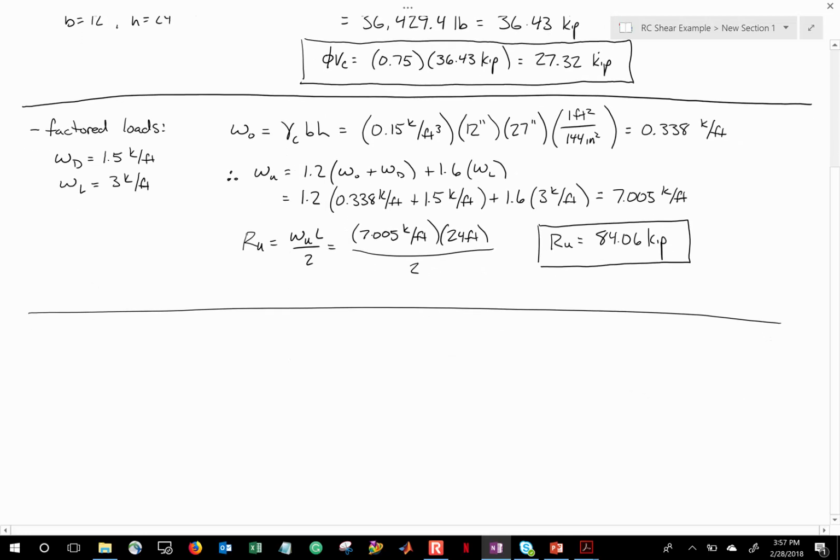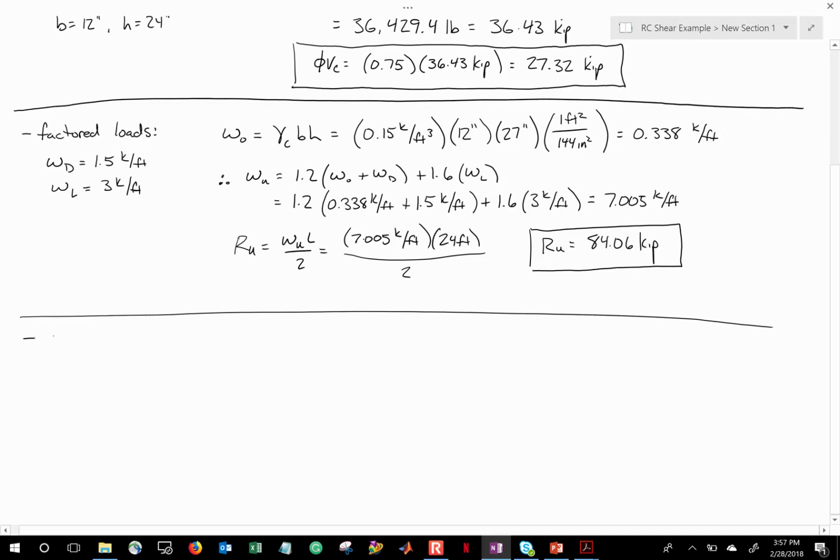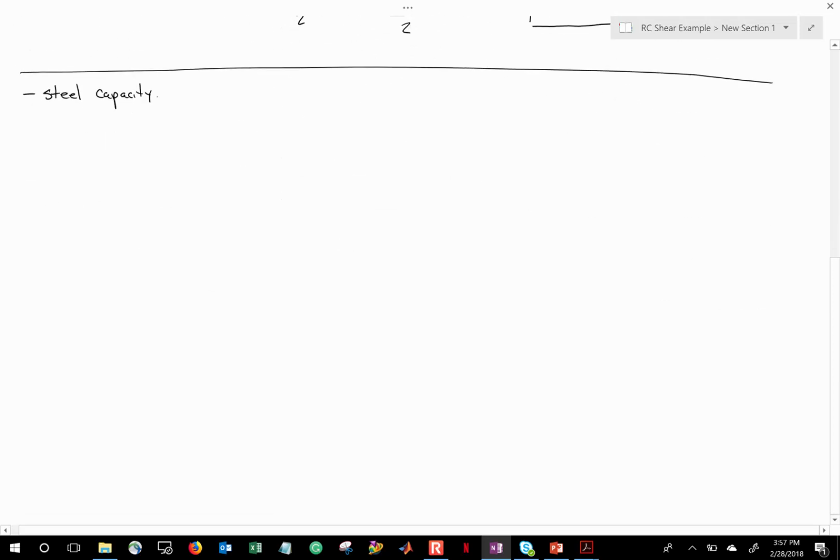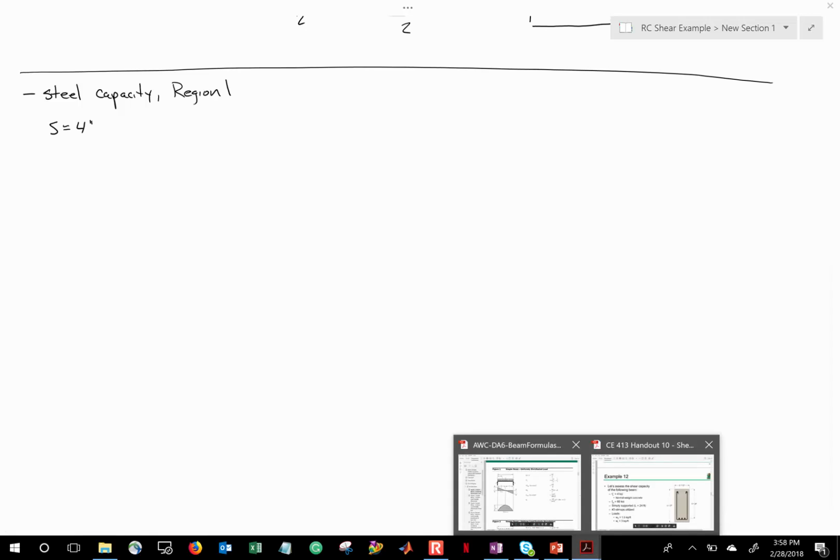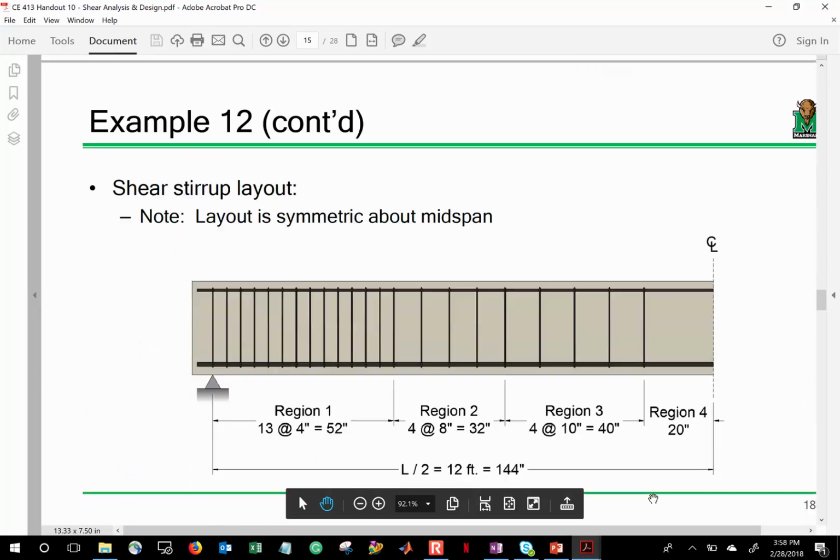Now there's 4 different regions, so we're going to take each region one at a time. So steel capacity, region 1. For region 1, we know that S is 4 inches, and I got that from right here.